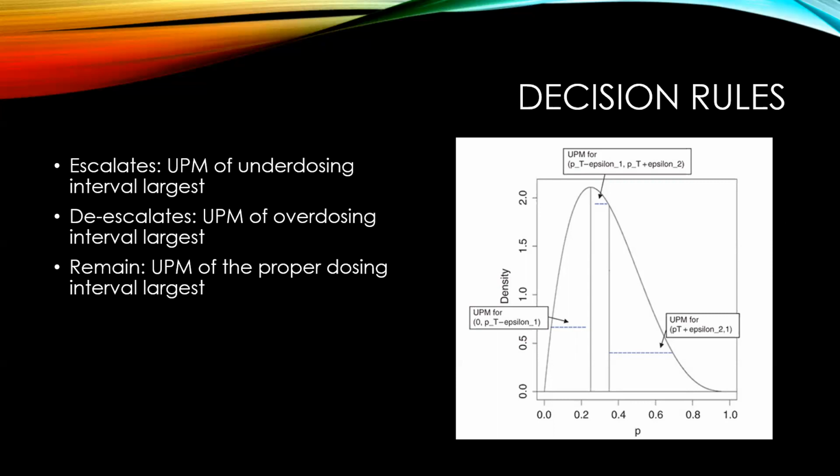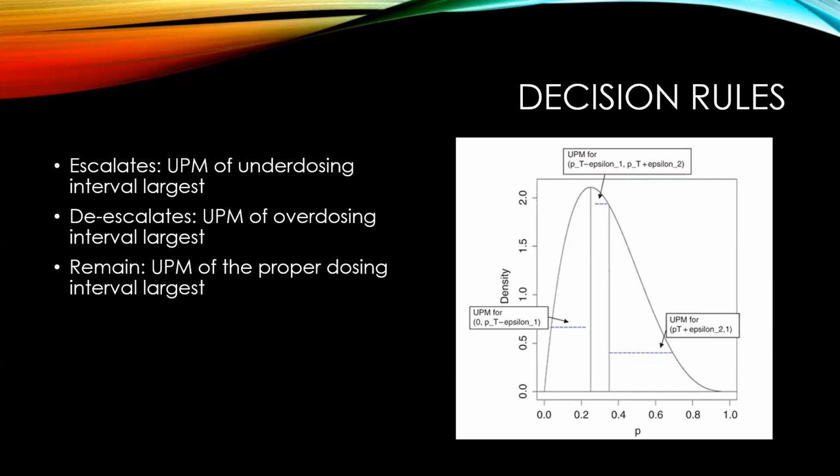So what we're going to do is simply this: if the UPM after we've observed the data is largest for the underdosing interval, we're going to escalate. If the UPM of the overdosing interval is the largest, we're going to de-escalate, and we'll remain if the UPM of the proper dosing interval is the largest.